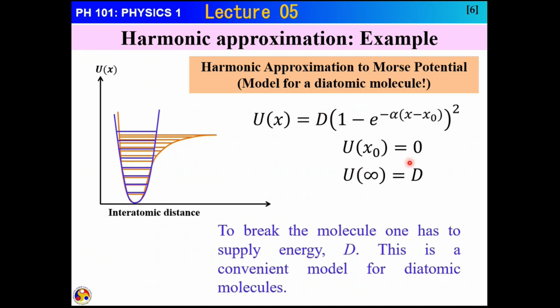D is also called the dissociation energy in the case of the Morse potential, and this is the energy which is required to break the molecule. If you supply this much energy, the molecule will be broken because they move an infinite distance from each other and they don't feel any potential.